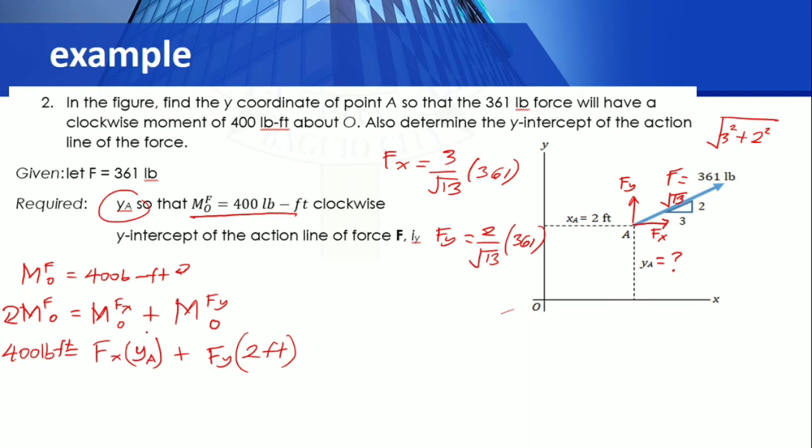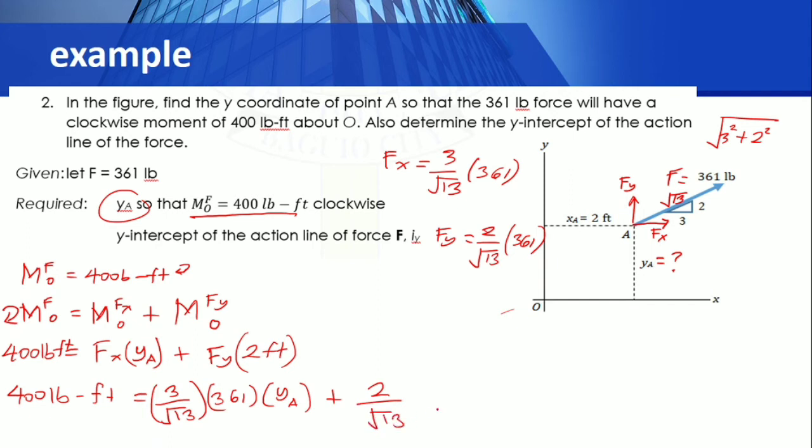Okay? So, makukuha na natin yung YA natin or yung y-coordinate at point A. So, that will be 400 pound-feet is equal to Fx. That will be 3 over square root of 13 times 361 times YA. Okay? Plus, yung Fy natin, that will be 2 over square root of 13 times 361 times 2 feet. Okay?